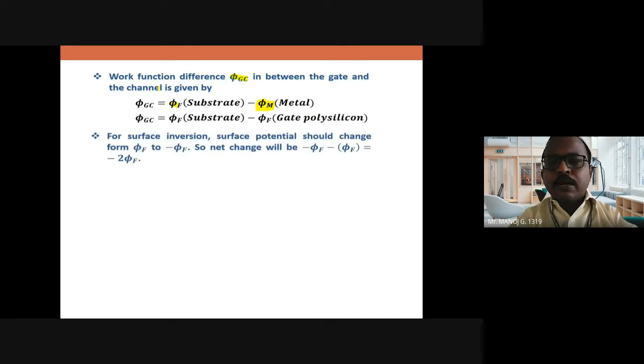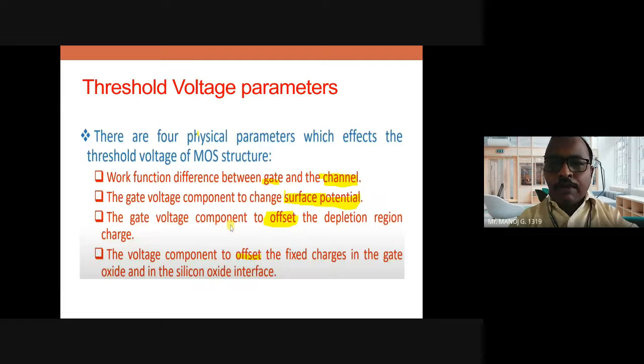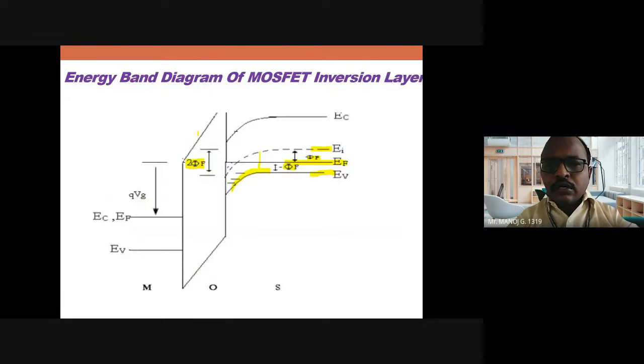Now going to the second parameter, that is the surface inversion. Surface inversion is nothing but applying a surface potential. When you apply a surface potential, there is a shift in the Fermi level. The shift is given by the difference of both values. So what would be the total difference? This is phi f minus minus phi f.